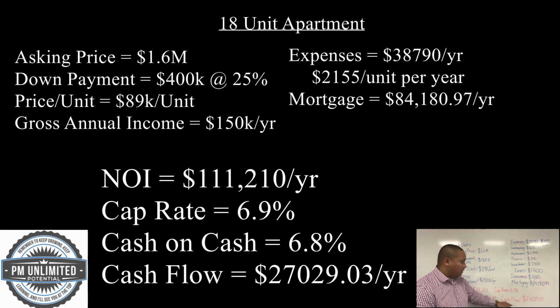So now let's look at the numbers that outline the investment. So we have an NOI of $111,210. Cap rate of 6.9%. Again, just glancing over it, a 6.9% cap rate for a Class A is a beautiful number.